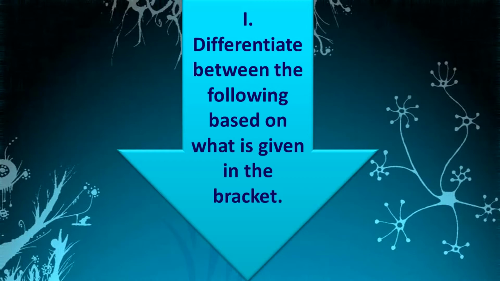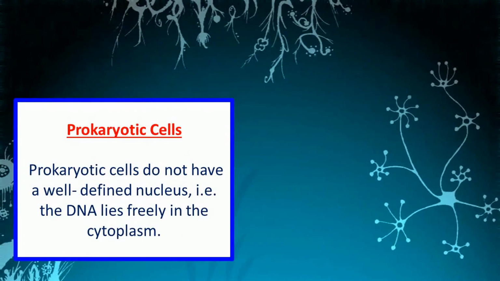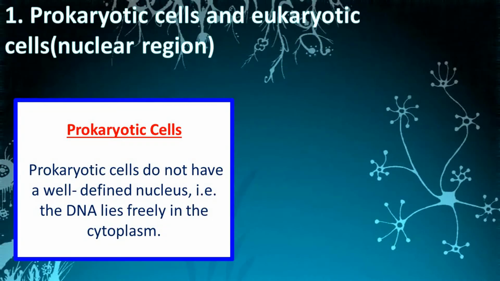Differentiate between the following based on what is given in the bracket. Prokaryotic cells and eukaryotic cells. Nuclear region. Prokaryotic cells do not have a well-defined nucleus.